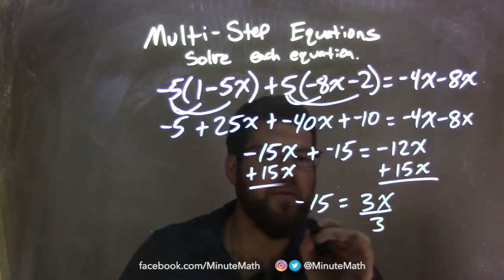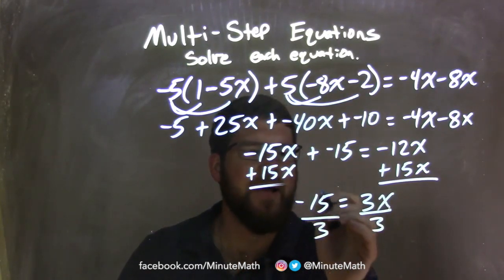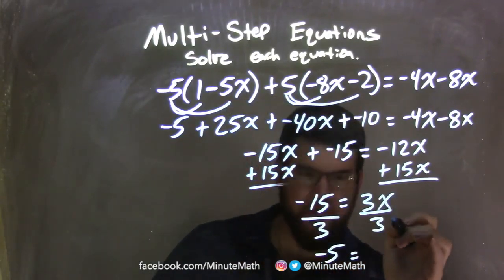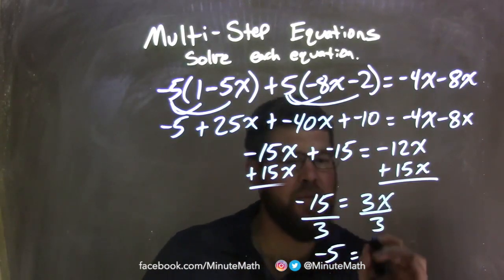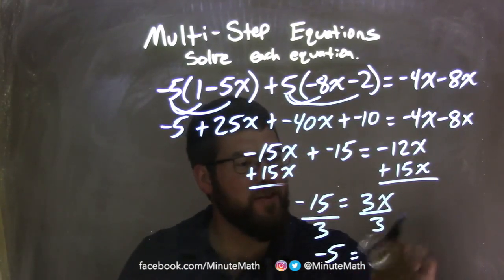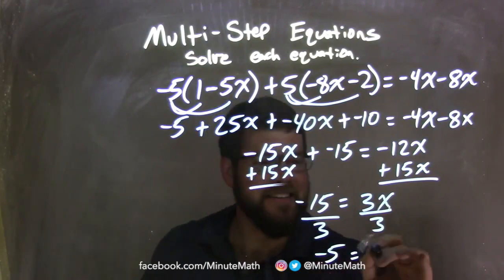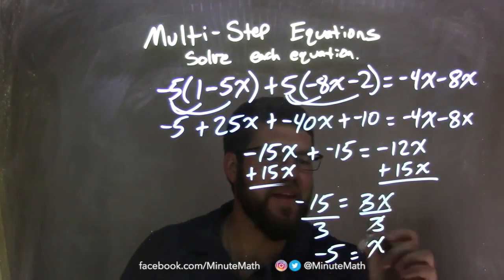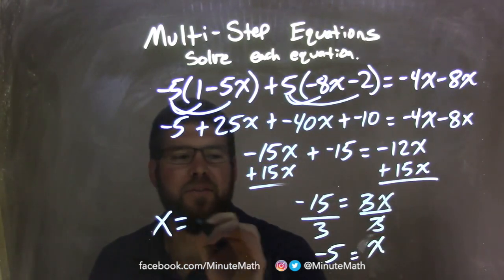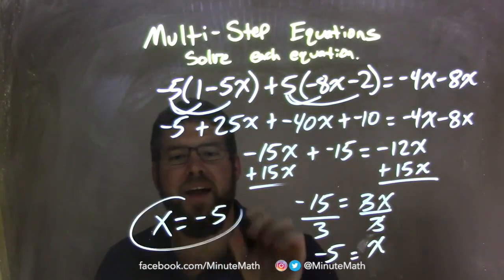I'm going to divide by 3 on both sides. And so negative 15 divided by 3 is a negative 5, equals 3x divided by 3, which is x. The 3's cancel. And so I have negative 5 equals x. So I'm going to write it nice and neat: x comes first. x equals negative 5. And that is my final answer.